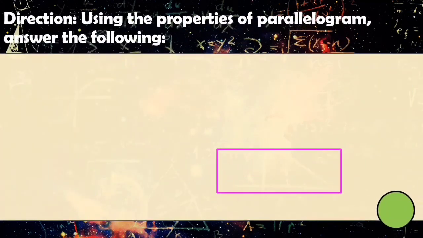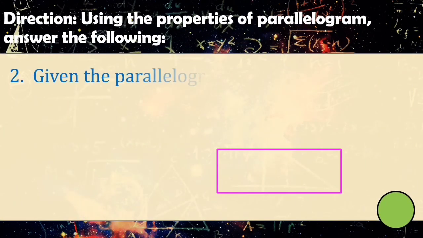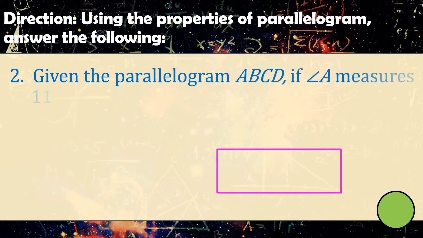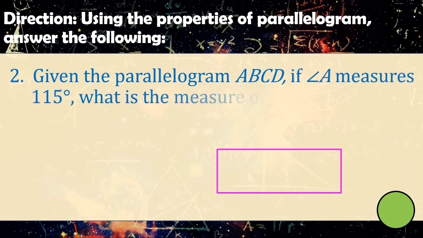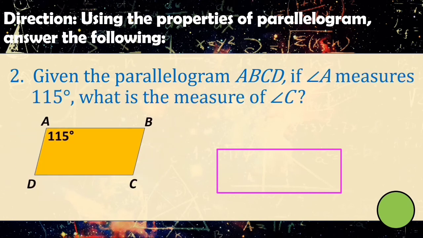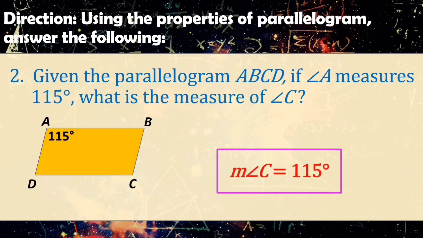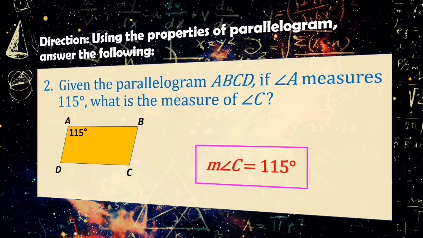Next, number 2. Given the parallelogram ABCD, if angle A measures 115 degrees, what is the measure of angle C? That is correct, 115 degrees also because they are congruent.